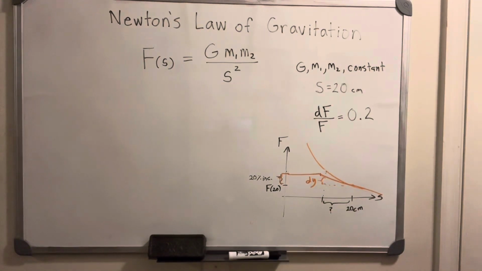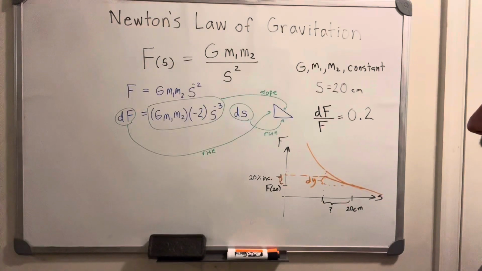Let's try to put that together. Also think about, why did I write dF over F is 0.2? See if you agree with this.